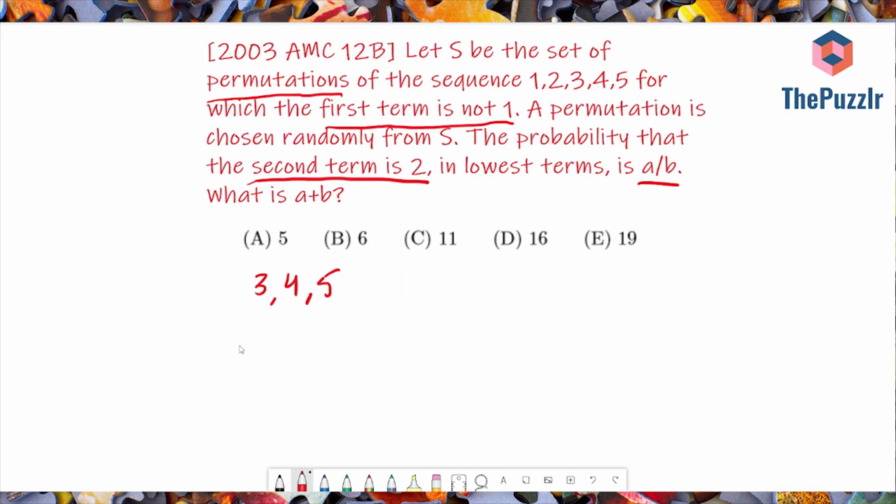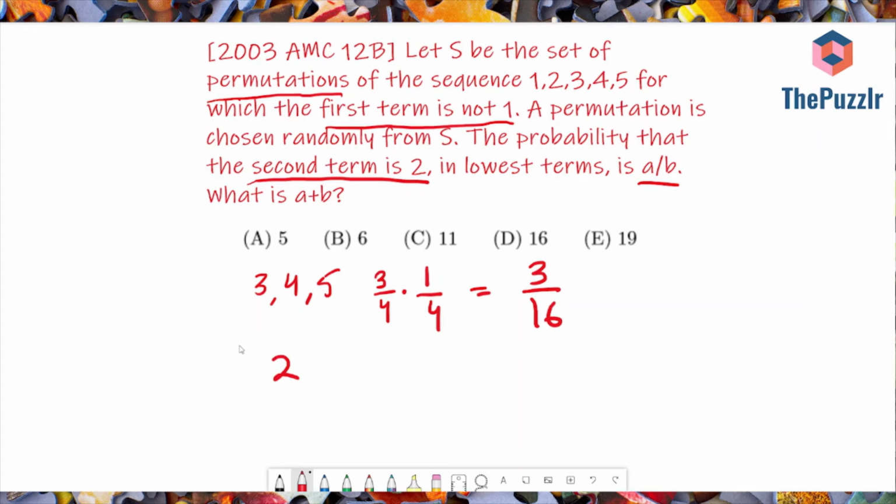So if it's 3, then the probability that the second term is going to be a 2 is, well, there's 4 choices left for the second number in the permutation, and one of them is 2, so that's just 1/4. Same thing with 4, and same thing with 5. So the first number could be 3, 4, or 5, and the first number can be 2, 3, 4, or 5, so there's 4 choices, and a 3/4 chance that we're going to pick a number from here. 3/4 times 1/4 gives us 3/16.